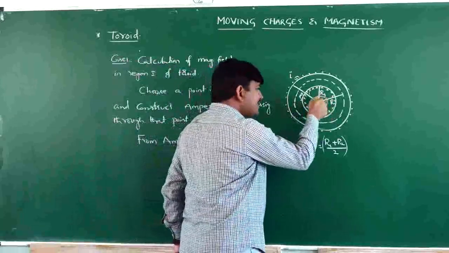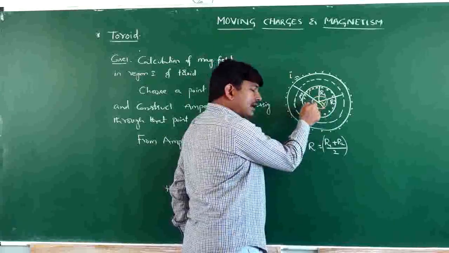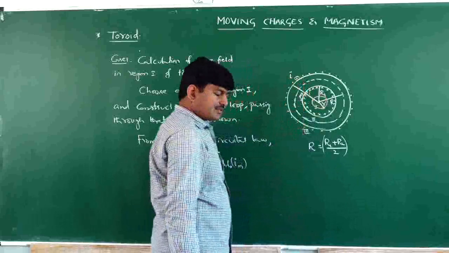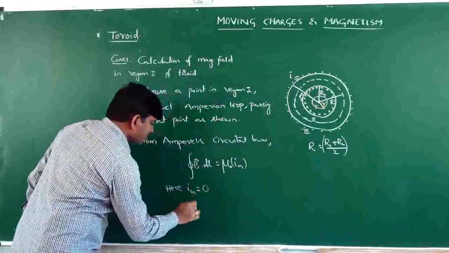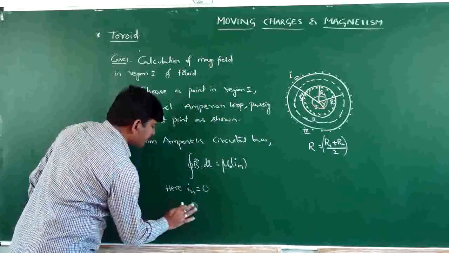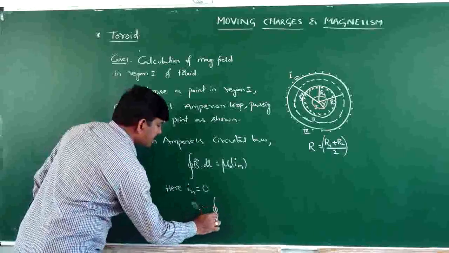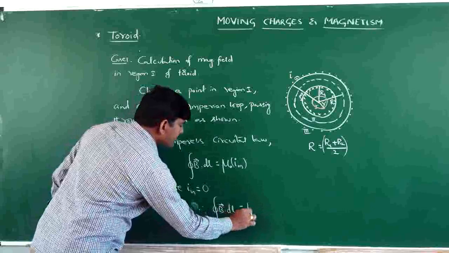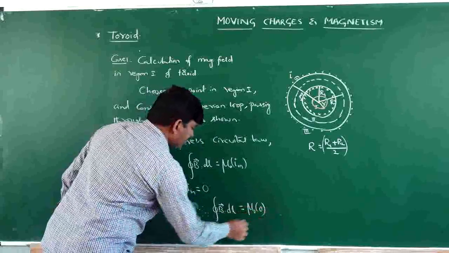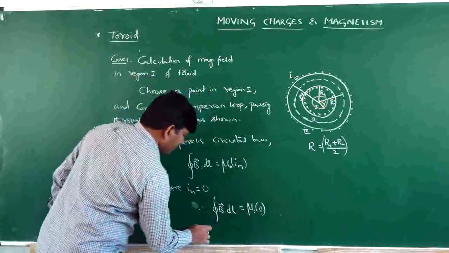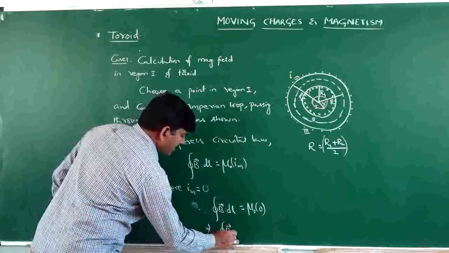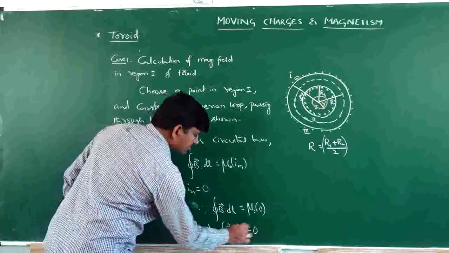Inside this loop, is there any current? There is no current entering or leaving this loop. Therefore, the current inside this Amperian loop will be 0. Therefore, the closed line integral of magnetic field is equal to mu naught into 0. Something into 0 is nothing but 0. Therefore, closed integral of B dot dl is equal to 0.